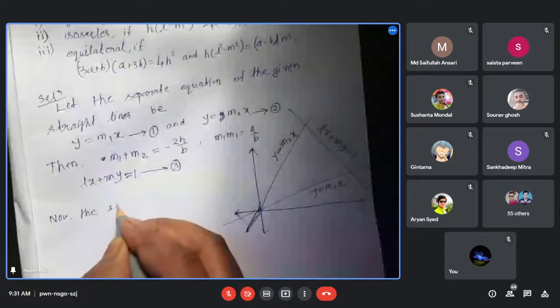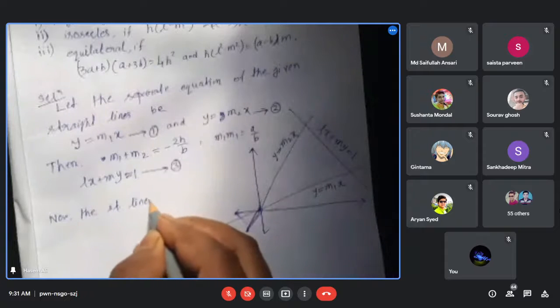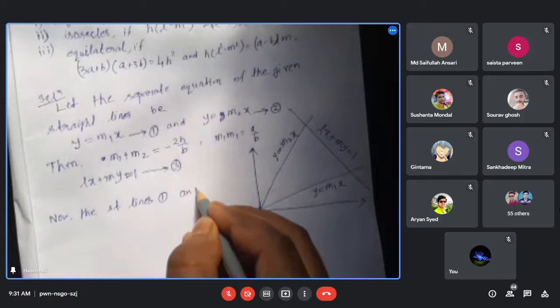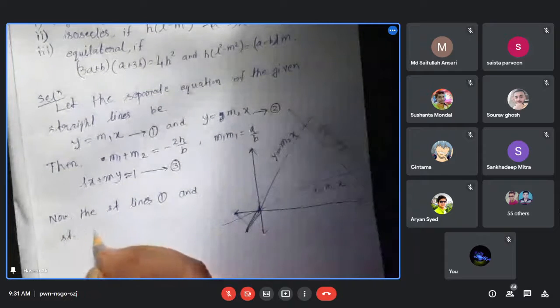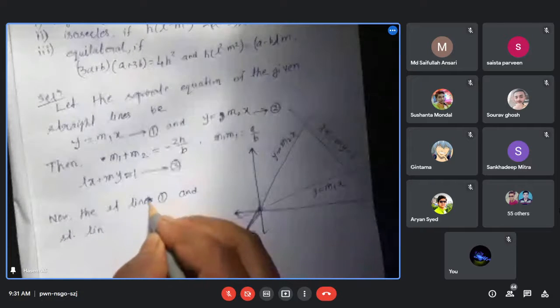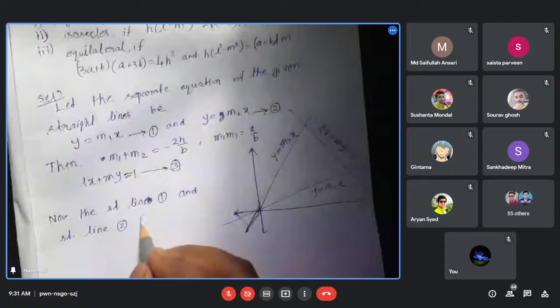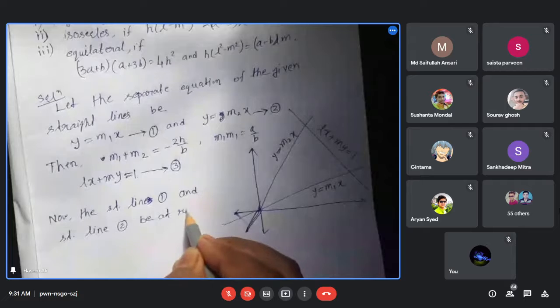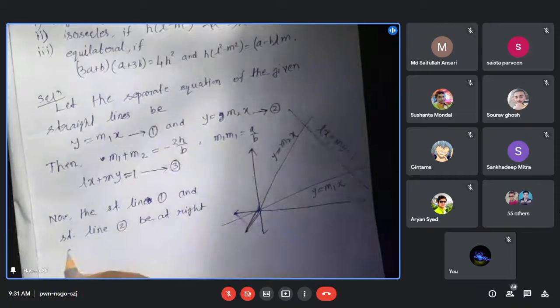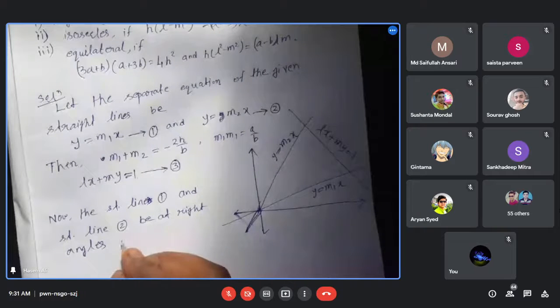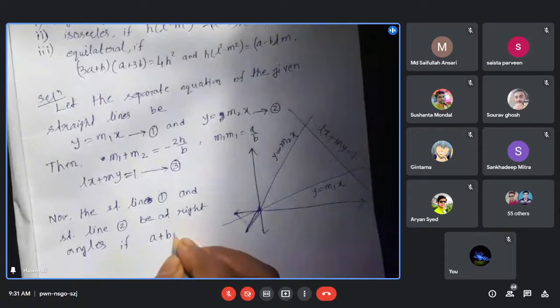The straight lines 1 and 2 are at right angles if a plus b equals to 0.